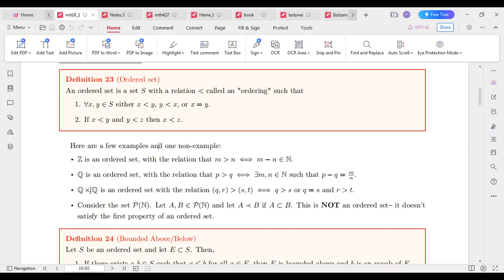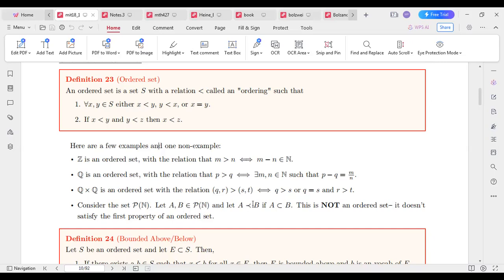If we take the order of rational pairs with the relation (q, r) greater than (s, t), this implies q greater than s, or q equals s and r greater than t. Consider the power set of the natural numbers. Let A, B belong to the power set of the natural numbers.